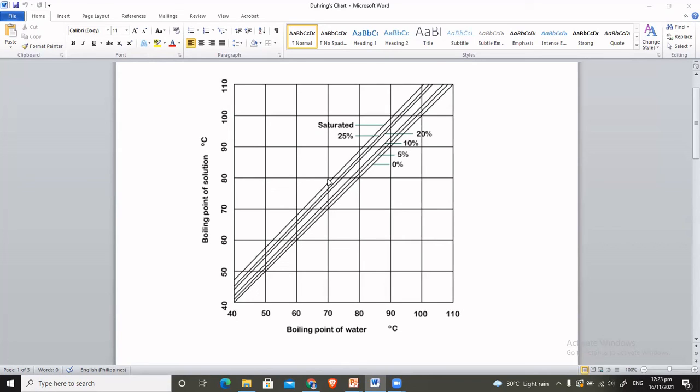Contains 25% solids. So I'll go to this line here, the second to the last line, which is for the 25% solids. So instead of boiling at 70 degrees Celsius, now your solution will boil at around 76 degrees Celsius. Allow me to increase so you will see.